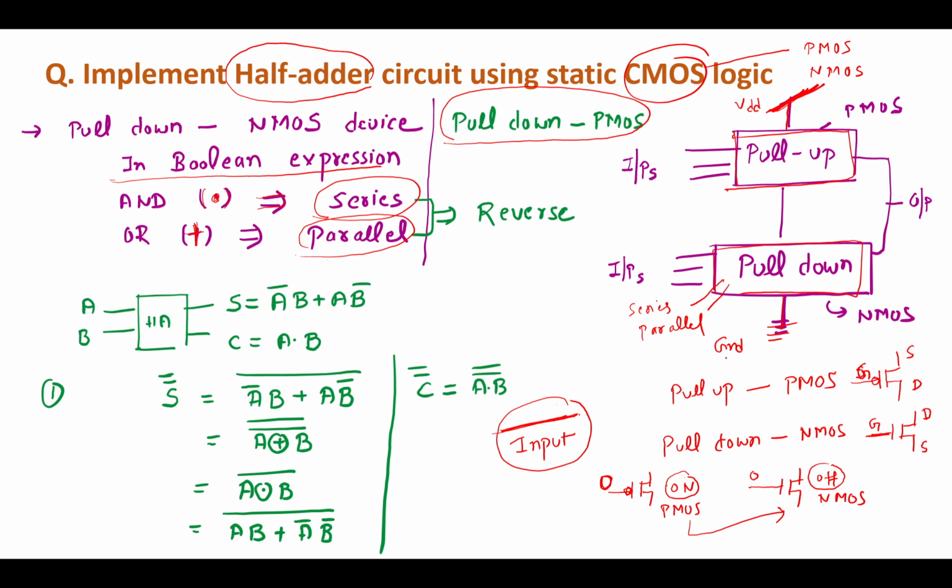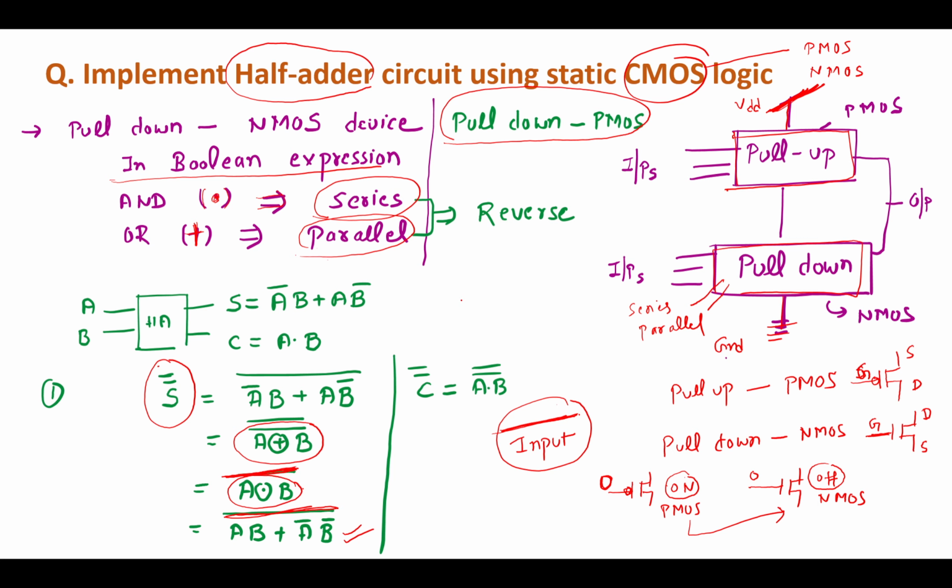First, we know the output is the complement of the input. So we took two times complement of S bar, and one S bar we have solved here, because this XOR complement is XNOR. Because two bars are there, one bar is removed, and now one bar is coming here. So this is the final expression, because this XNOR represents AB plus A bar B bar, and the whole bar.